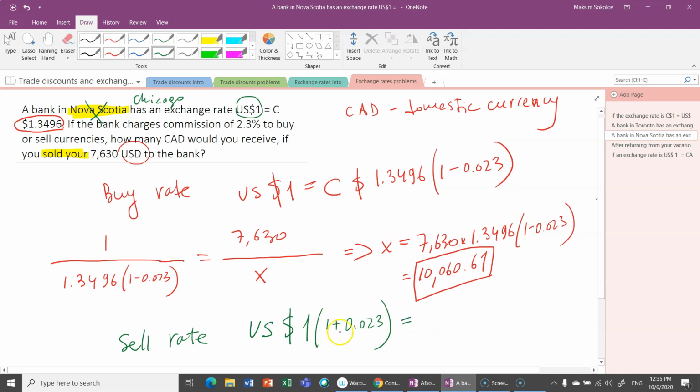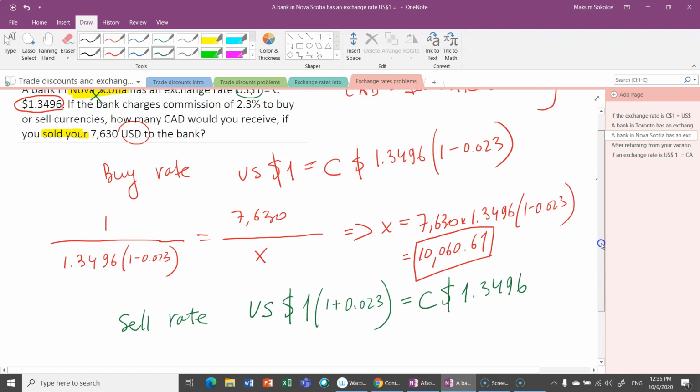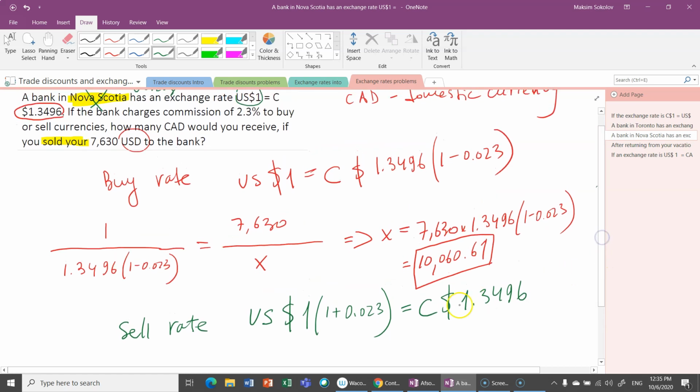So this domestic side is being increased by the commission, right? And then this would be 1.3496. And then you would go from here. You see, just changing where the bank is changes the perspective on what we do in terms of buy rate or sell rate.